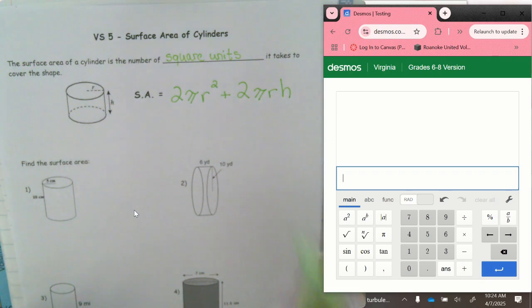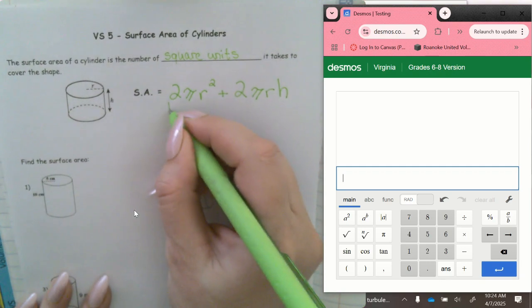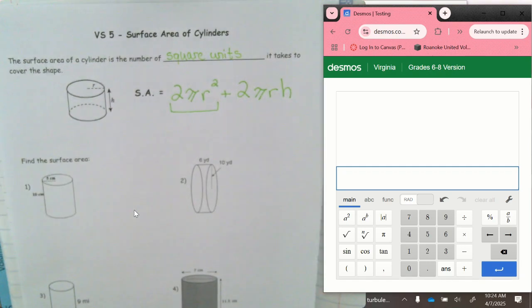Now the first part of this formula, the 2 pi r squared, part of this we have seen before in 6th grade. You need to flip back to your formula sheet and see what part of this 2 pi r squared we've seen before, and what was it calculating? What part looks familiar?